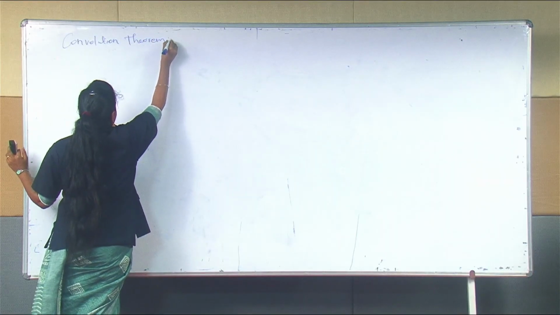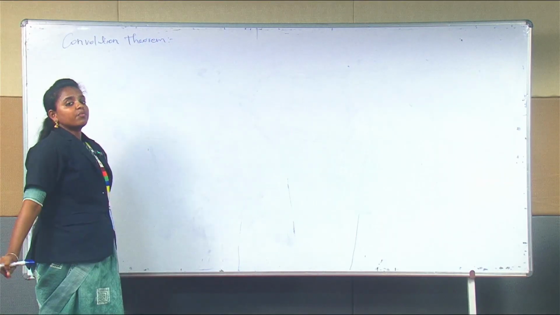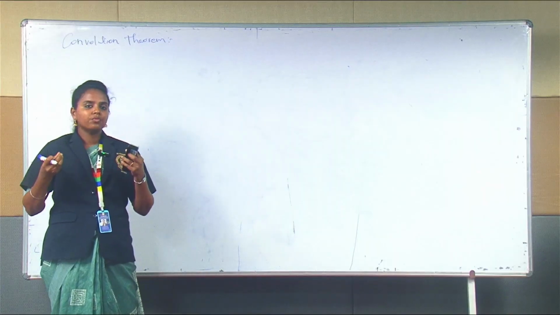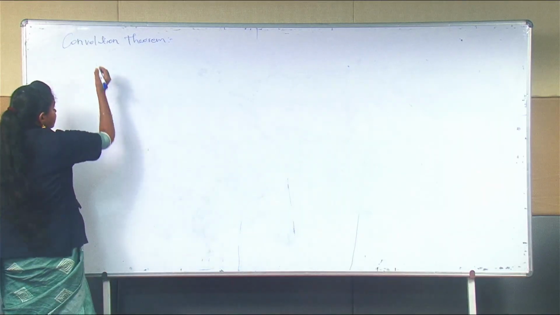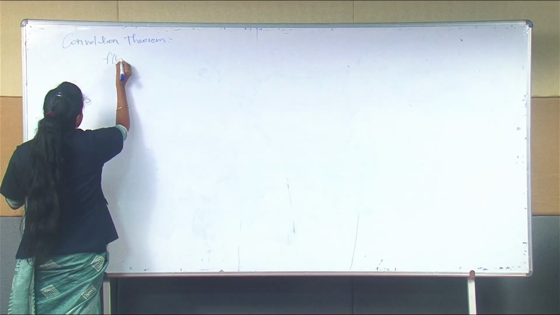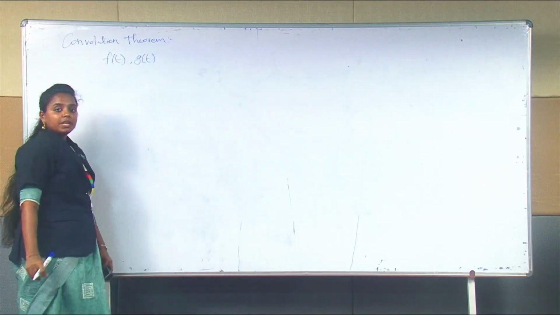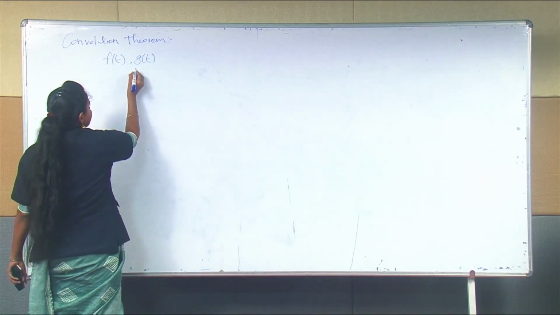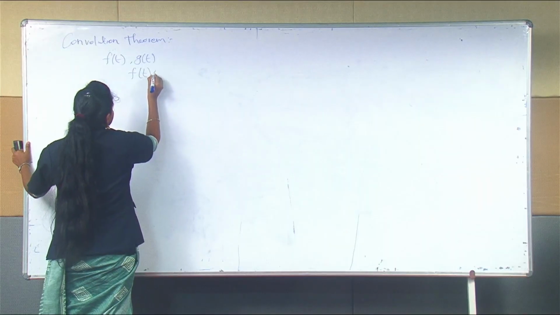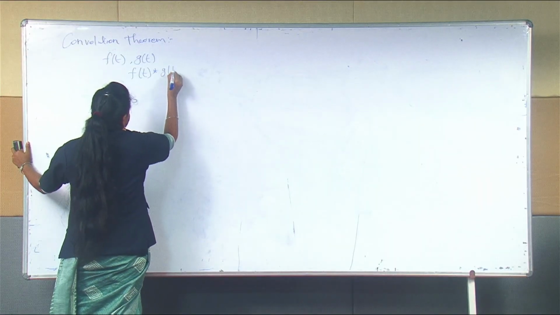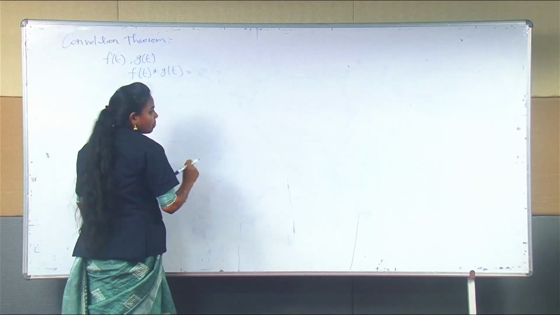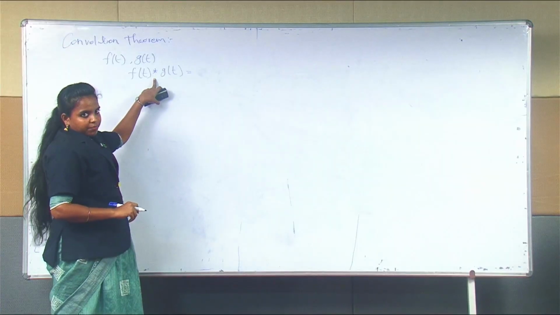In the convolution theorem, we will have two functions, f of t and g of t. The convolution of f of t and g of t is denoted by a star.